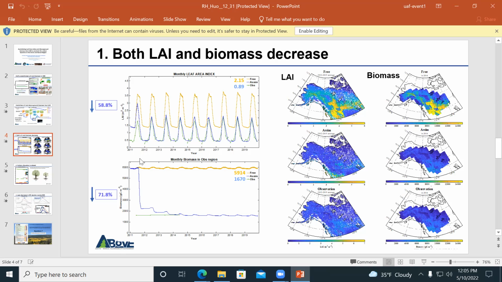But in wintertime, from maybe November to April, those LAI observations are just available in the far southeast region. For the rest of this area there is no available LAI observation.